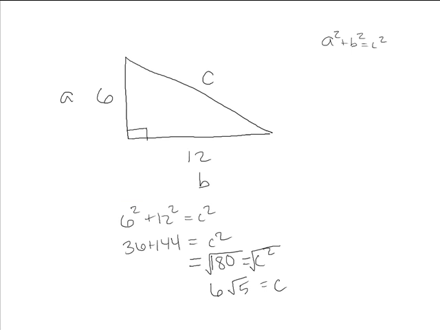If it says to be exact, then leave your square root sign in there. And that's how the Pythagorean theorem can help us to find a missing side. Like I said before, it doesn't matter which side you're missing. You can be missing a leg, or you can be missing the hypotenuse. As long as you know two sides of the right triangle, you can always figure out the third side using the Pythagorean theorem.